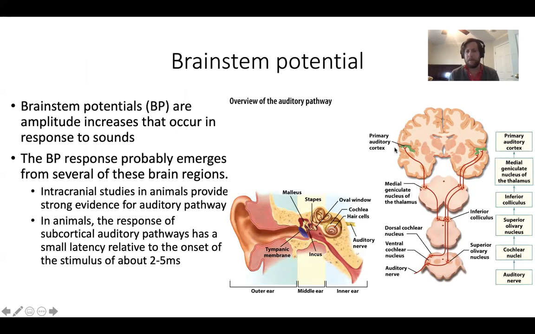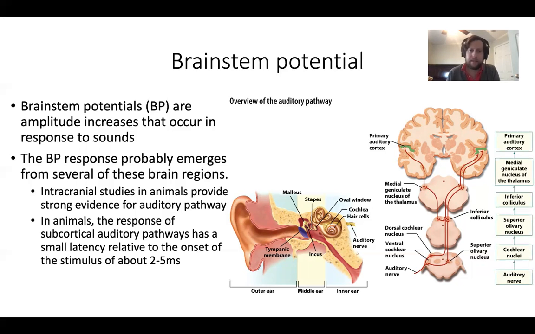Okay, so the brainstem potential is measured with electrodes, of course, on top of the scalp. And I've mentioned before, the EEG and event-related potential studies don't really have that good of spatial precision. That is, for a whole bunch of reasons, it's not exactly clear where these electrical signals we're recording from the scalp are coming from in the brain.